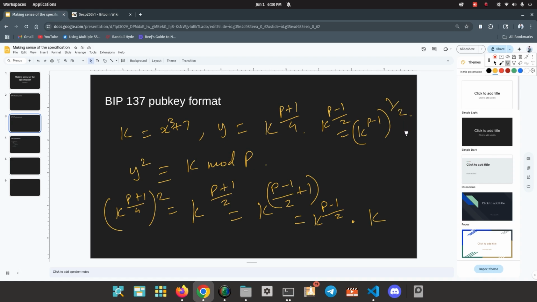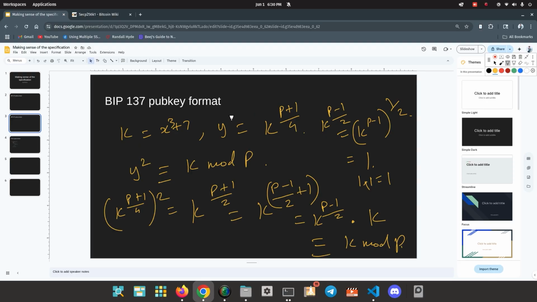And we know that k to the power p minus 1 is in fact 1. And the square root of 1 under modular arithmetic mod p is also 1, because 1 times 1 is 1. That's the idea.